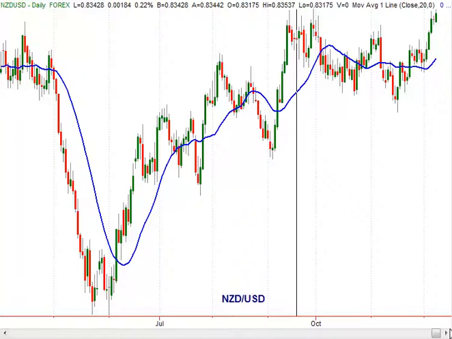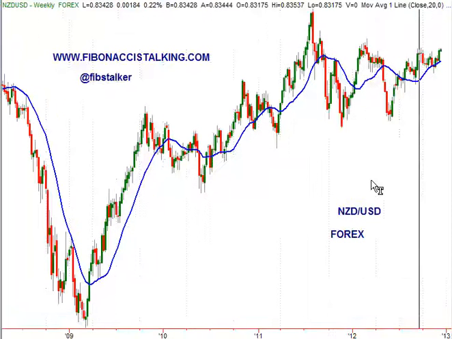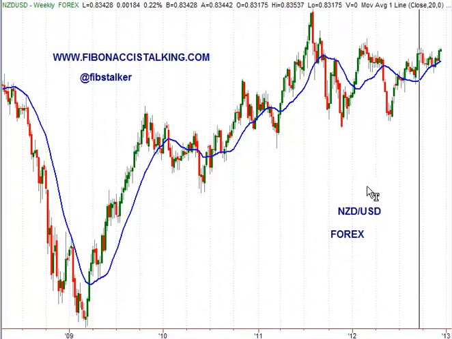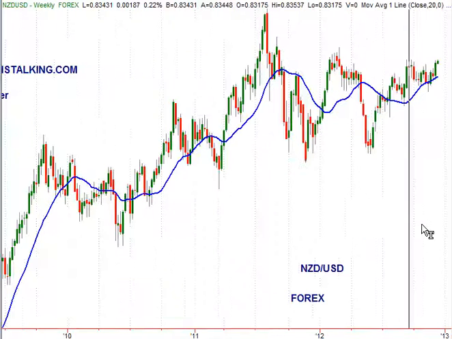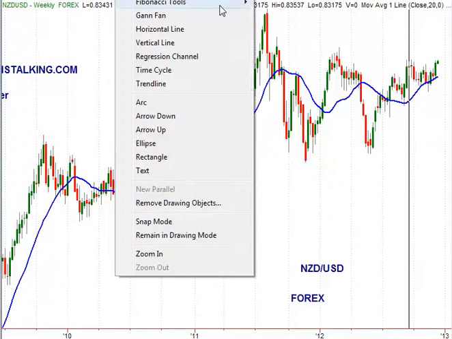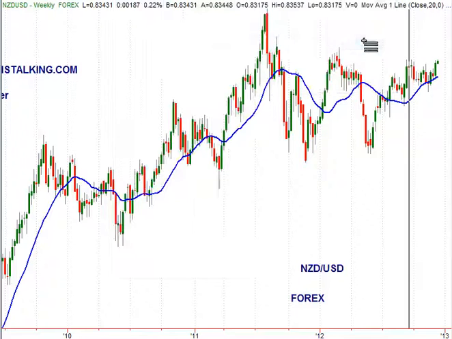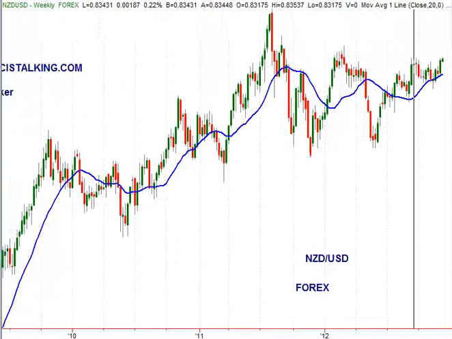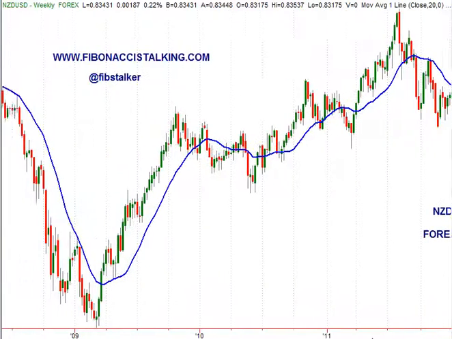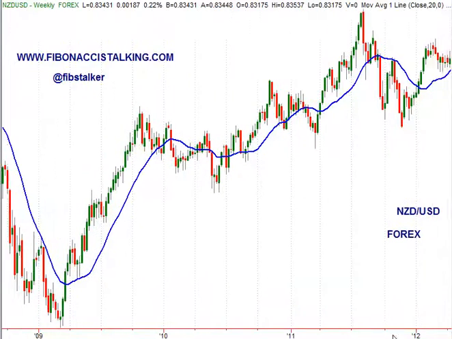Now, what you see on the screen is the weekly chart of the Forex pair, New Zealand dollar versus US dollar. I like to start from the weekly chart. When I look at this chart and I compare it to the Australian dollar, I see obviously two similar charts.